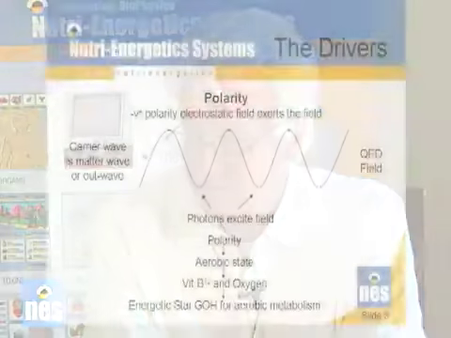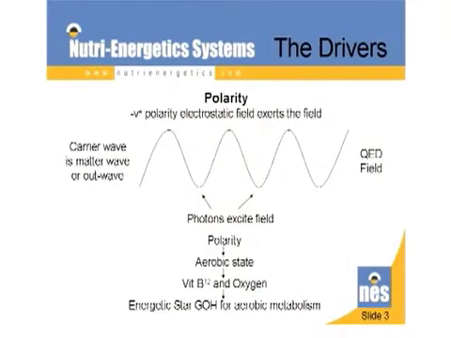So it's really important to correct polarity. On the slide, you will see that the photons excite the field, polarity excites the field. A negatively polarized electrostatic field has quite a strong influence on the field. The field is our carrier wave of the information. If you want the information to be right, you've got to make sure it's being carried optimally.